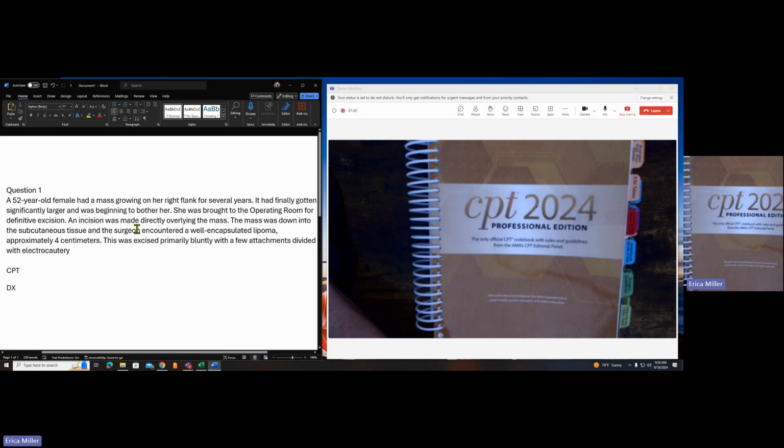All right, so I always like to put soft highlights on gender, age. There are certain scenarios where gender and age is going to come into play. Age can sometimes be a factor when it comes to anesthesia.